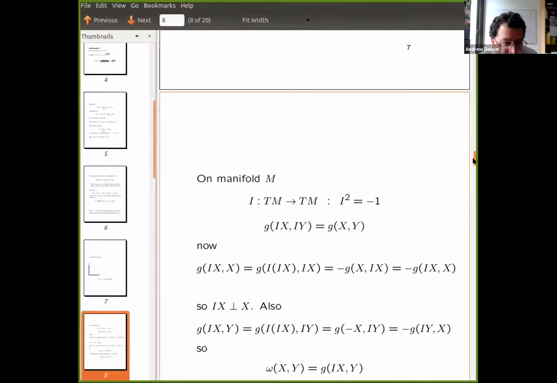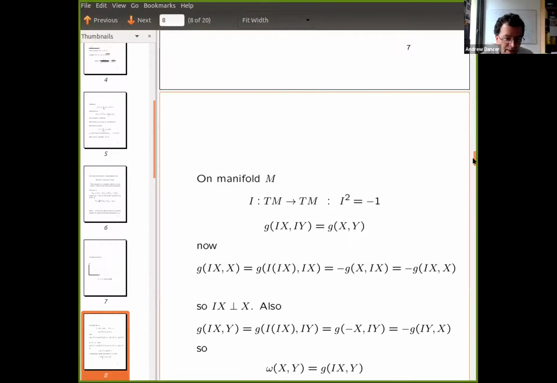So the complex structure should be a linear map I that has a couple of properties. For a start, it should square to minus the identity. That makes sense, because if we multiply by i and multiply by i again, then we're just multiplying by -1. So it's a linear map that squares to minus the identity.